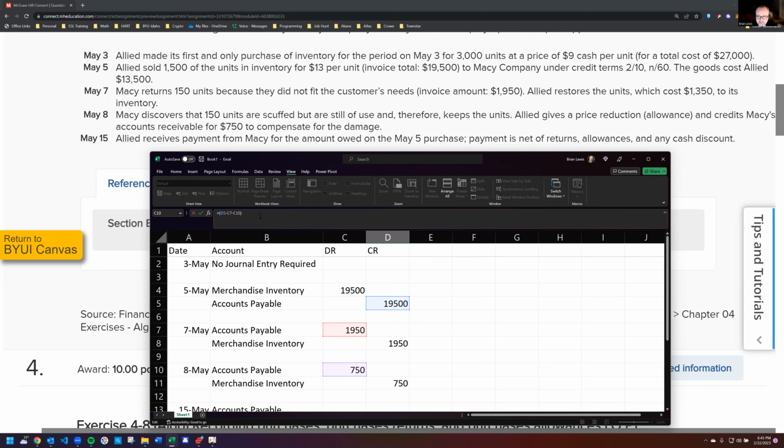Actually, there's another way of doing this too. But we're going to do it this way, and then I'm going to show you a different way, just so that you can see two different approaches to figuring this out. So we know that the amount due is the 19.5 minus the 19.50 minus the 7.50, and since they're paying it within 10 days, they're going to take 2% off, which really means times 1 minus 0.02, or 2%, 98% of the total, right?